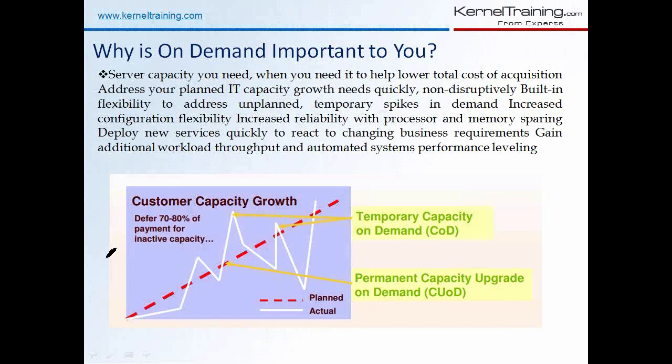Permanent capacity on demand, you can permanently activate that processor in your system. Temporary for 1 month, 2 months, or 3 months on the basis of prepaid. It is called prepaid capacity on demand. Why? Because you need to prepay for that, and then only IBM will activate that processor.